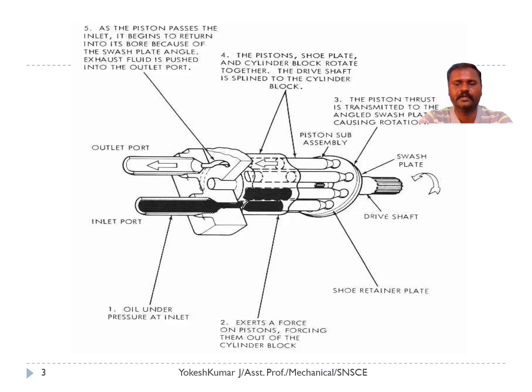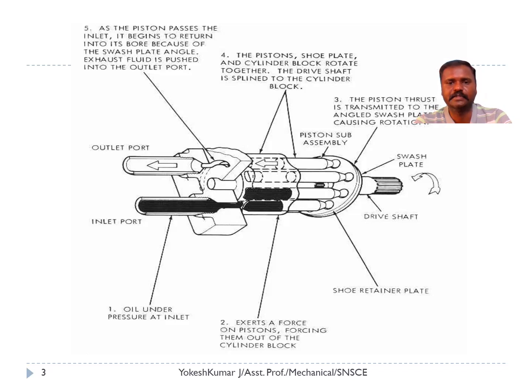The shoe retainer plate makes an oscillatory motion. Then the oscillatory motion of the retainer plate and the swash plate is converted into a rotary motion in the shaft. The piston thrust is transmitted to the angled swash plate, causing the rotation of the shaft. The pistons, shoe plate and cylinder block rotate together.